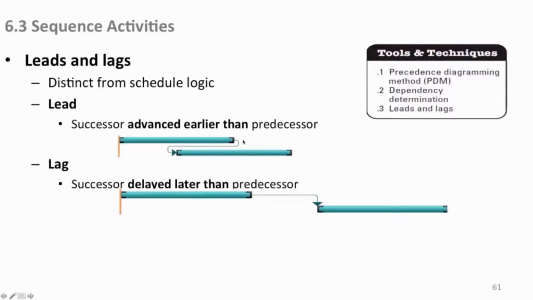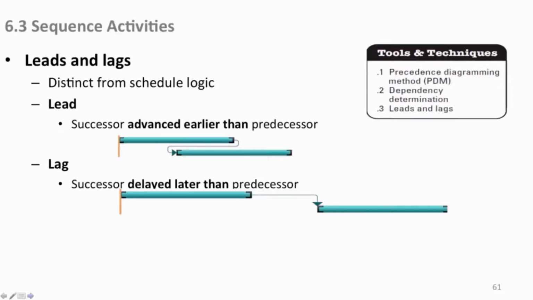So you put a lead in there so that it starts earlier. It's still finish to start, but you can advance it earlier. A lag is the opposite. The successor over here is delayed later than the predecessor, so you can move it out farther to add time in there.